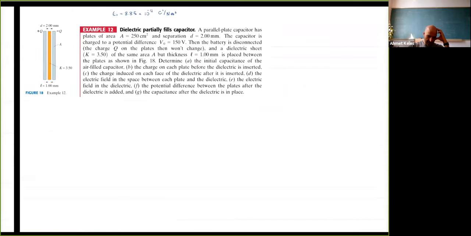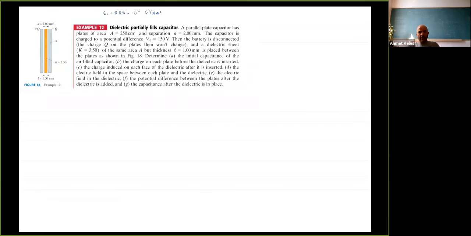And E, the electric field in the dielectric. F, the potential difference between the plates after the dielectric is added. And G, the capacitance after the dielectric is placed. There are a lot of things, but we can go one by one. I'll give you a couple of minutes to look at it, and then we can start.